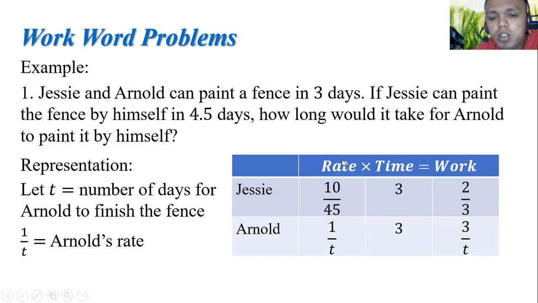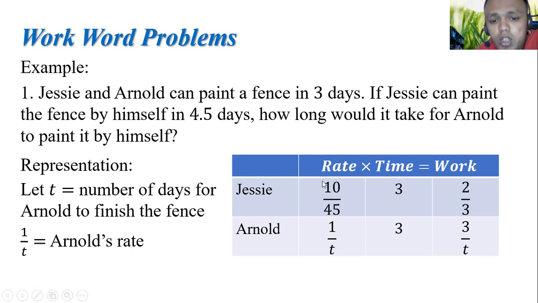For Jesse, the rate is 10 over 45 while the time is 3, and the work is 2 over 3. Then for Arnold, we have 1 over T as the rate, the time is 3, and the work is 3 over T.